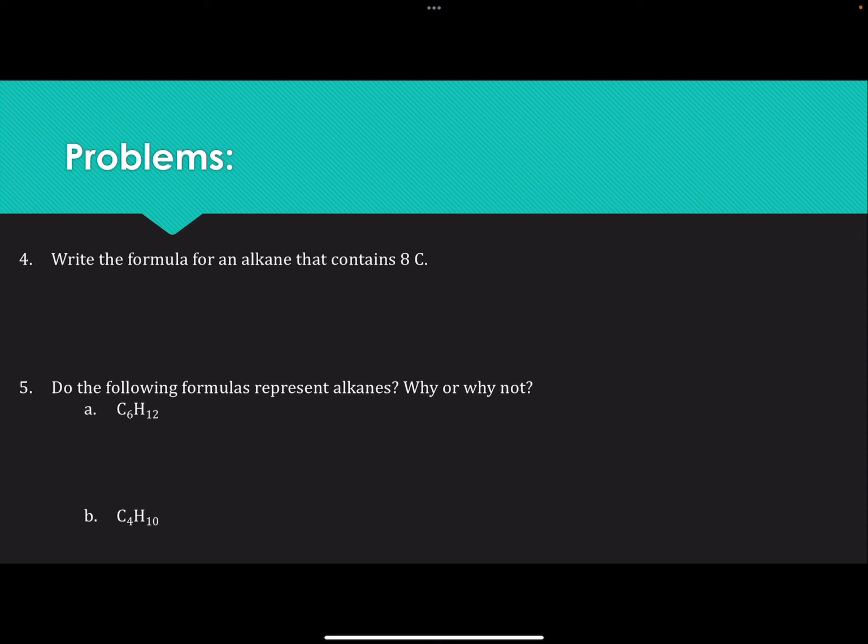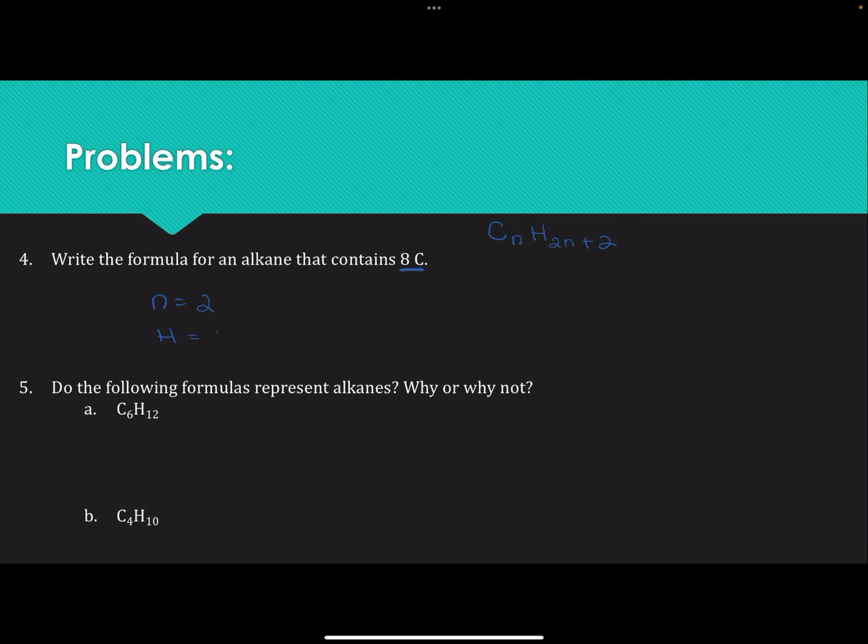If you look at our next problem, we want to write the formula for an alkane that contains 8 carbons. We're going to use that same formula, CnH2n+2. If I've got 8 carbons, that means my n value is 8. So I've got to figure out my number of hydrogens.